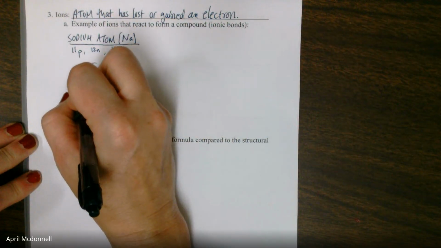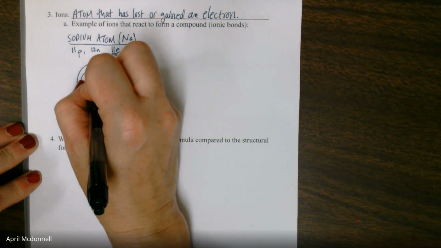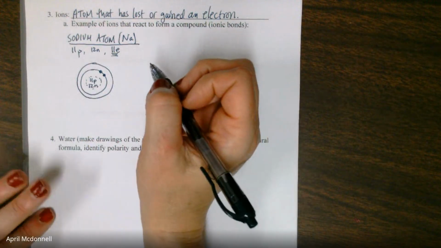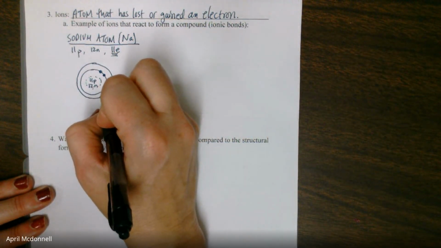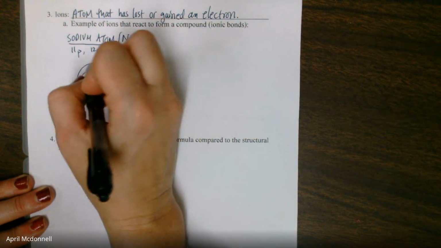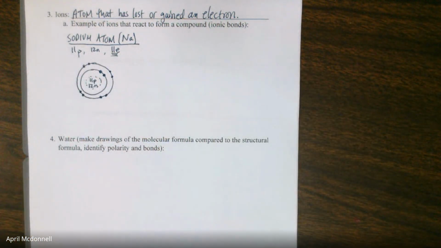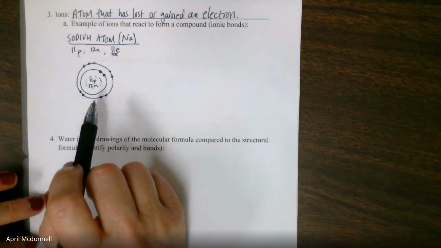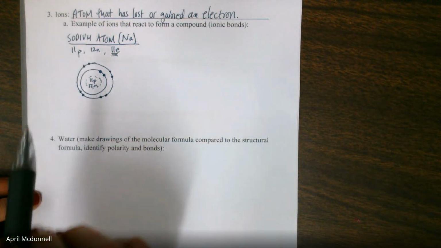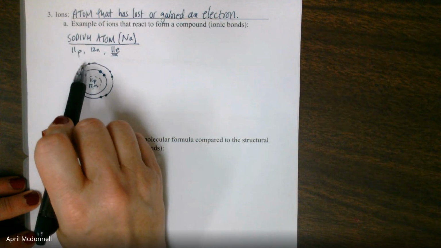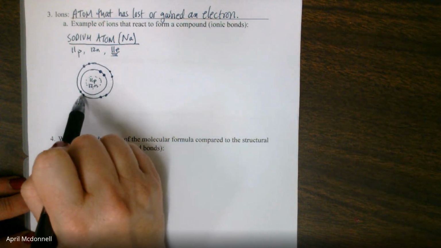Our second electron orbital shell, which is surrounding the first electron orbital shell, will be filled up to capacity with 8 electrons. So how many electrons do we have total in our drawing at this point? 1, 2, 3, 4, 5, 6, 7, 8, 9, 10.